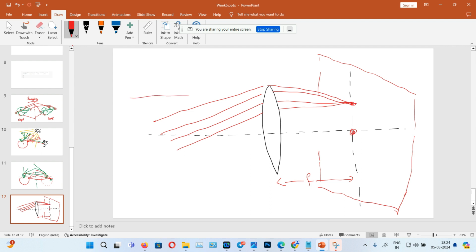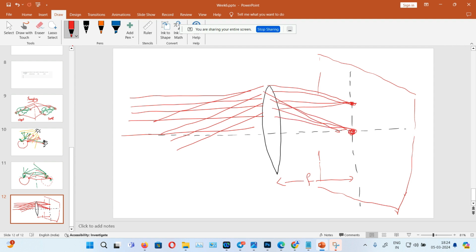Focus here, the rays coming parallel will focus here. It's like that.